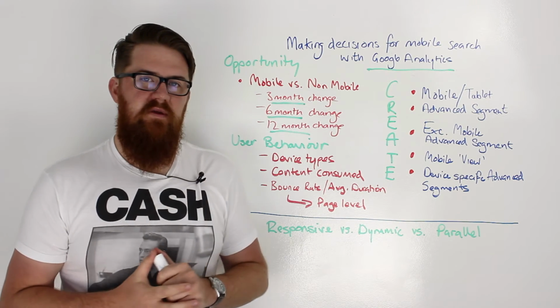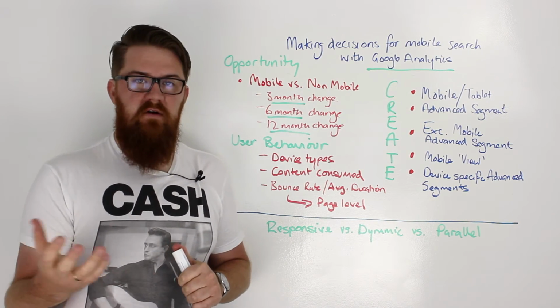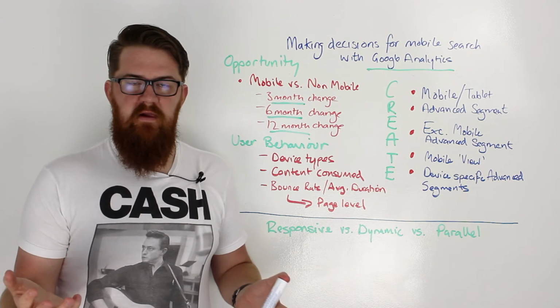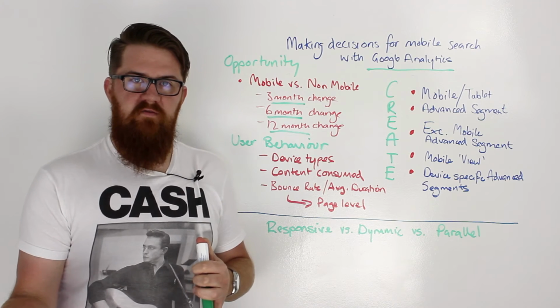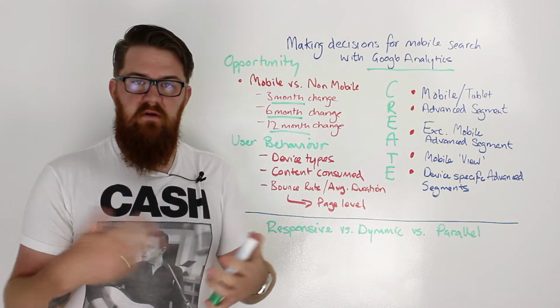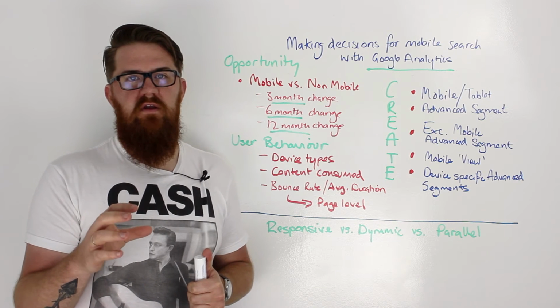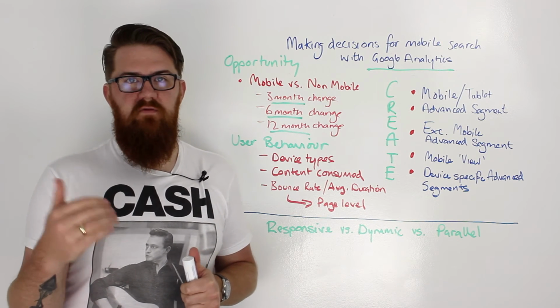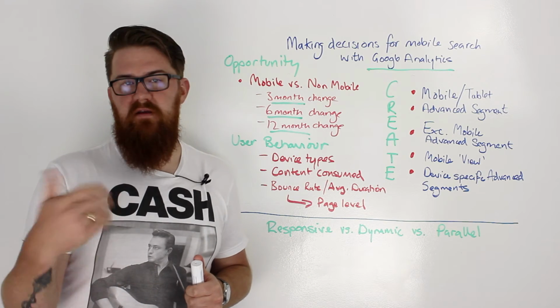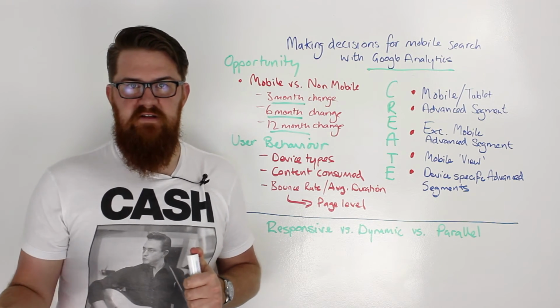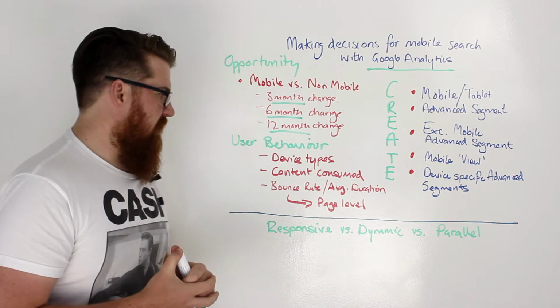Looking at the content that's being consumed, pulling in conversion behaviour as well, which assets are converting better on mobile devices than desktops, and conversely the same, because that will pinpoint the areas on the site or at a page level that you can make incremental improvements to, which tend to translate to incremental gains.